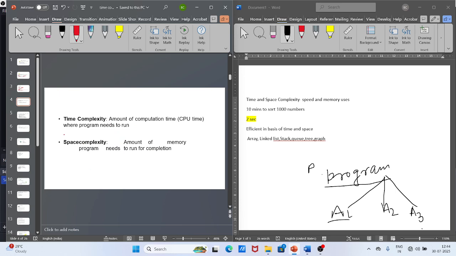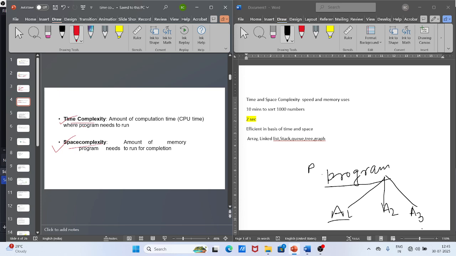Now come to time complexity and space complexity. We measure time through time complexity and space through space complexity. Time complexity is the amount of time a program takes to run.